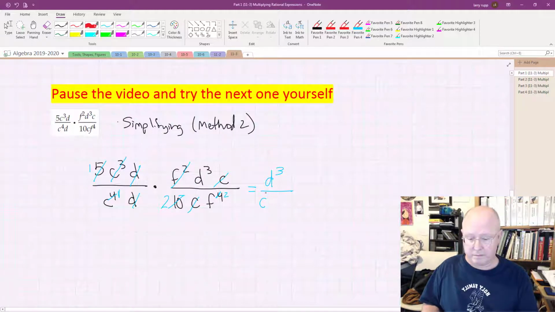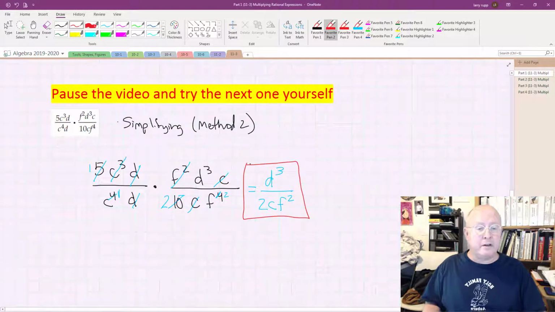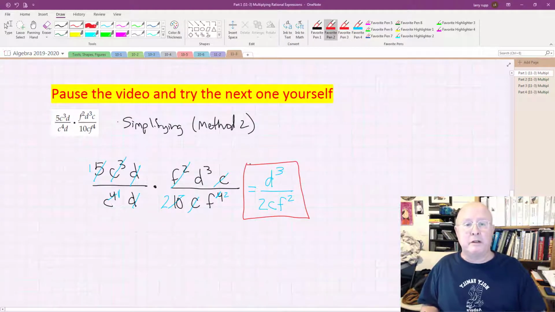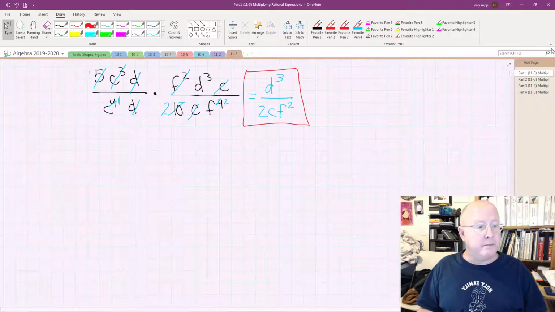So I'll write the 2, and then there's a C, and then there's this F squared. And there you have it. Simplify before you divide. And a lot of these simplify right out. Let's move on.